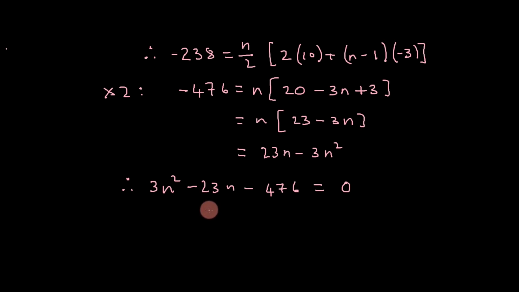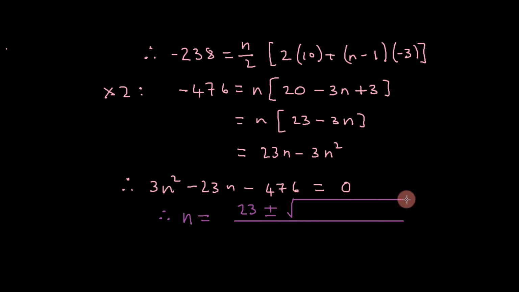We can now use the quadratic formula to solve for n. So n will equal negative b, and b is negative 23, so negative b will be positive 23, plus or minus the square root of b squared minus 4ac.